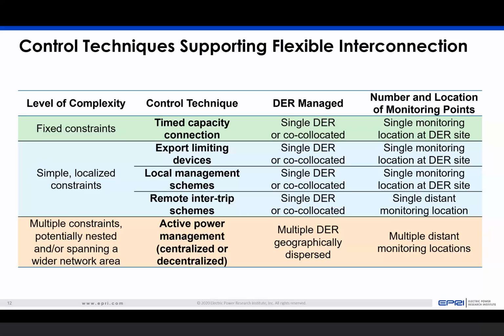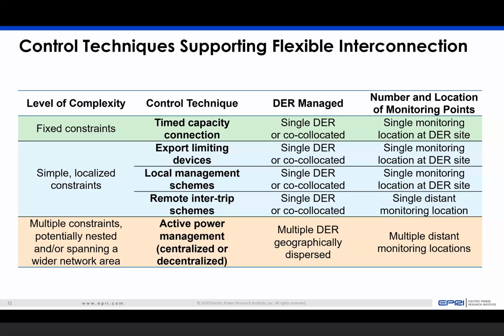And then lastly, if we're really talking about more complex situations where there are multiple constraints, sometimes interdependent constraints, then more complex control and management techniques may be needed, and those can be either centralized or decentralized.